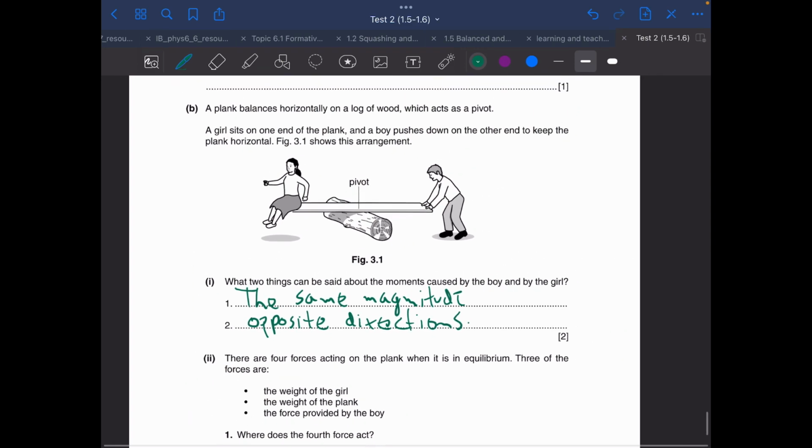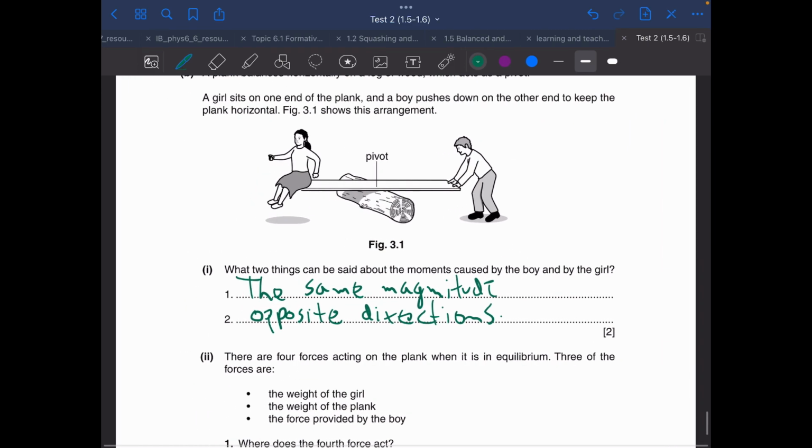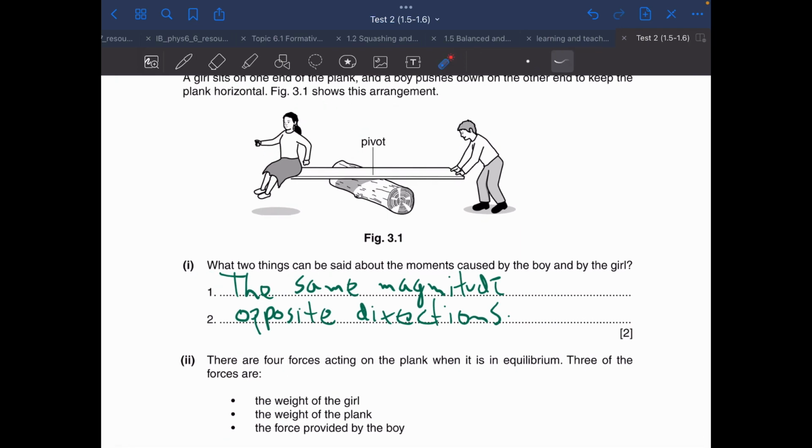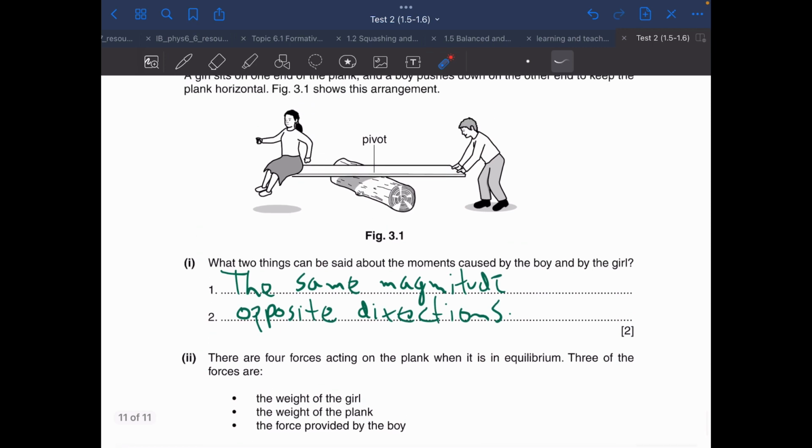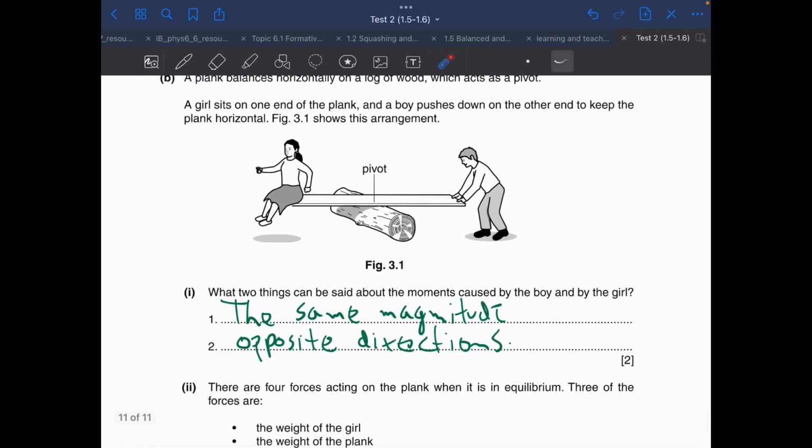There are 4 forces acting on the plank when it is in equilibrium. So 3 of the forces are the weight of the girl, here it is, the weight of the plank, which is probably here in the middle, and the force provided by the boy, here it is. Where does the fourth force act? Well, there is contact here at the pivot point between the plank and the trunk.